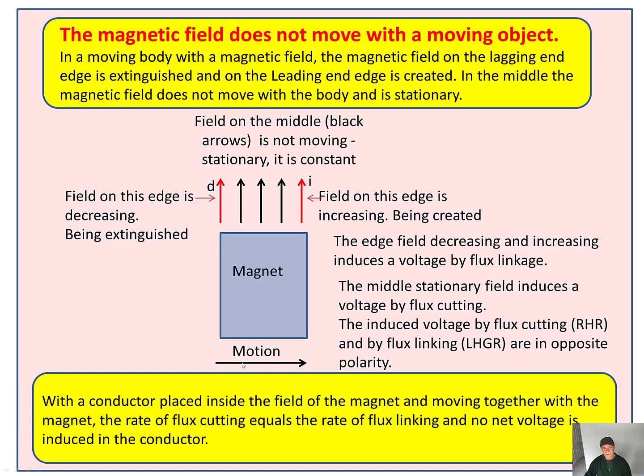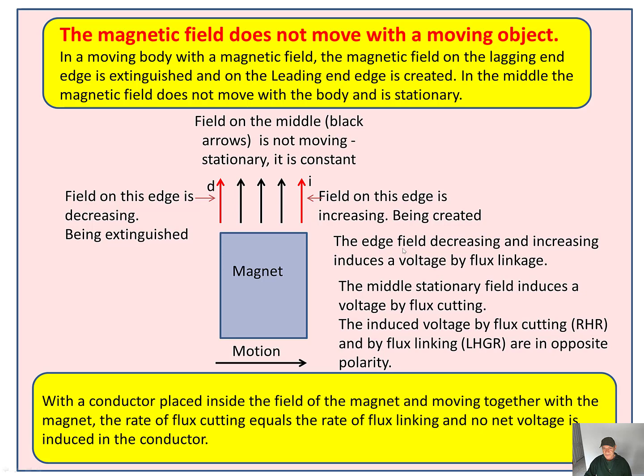If the motion is to the right, the field here is being extinguished, and here the field is being increased. In the middle of the magnetic field, the field does not move with the body and it is stationary. So the field in the middle, the black arrows, is not moving, it is constant. Field on this edge is decreasing, being extinguished. Field on this edge is increased, being created. These are the red arrows, they're the ones that are changing.